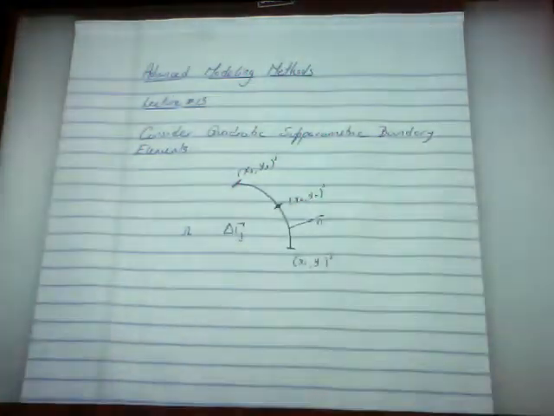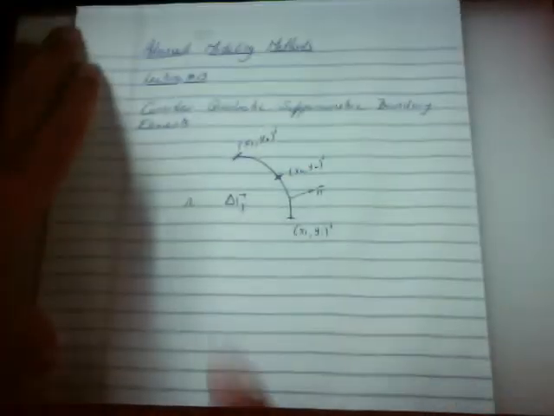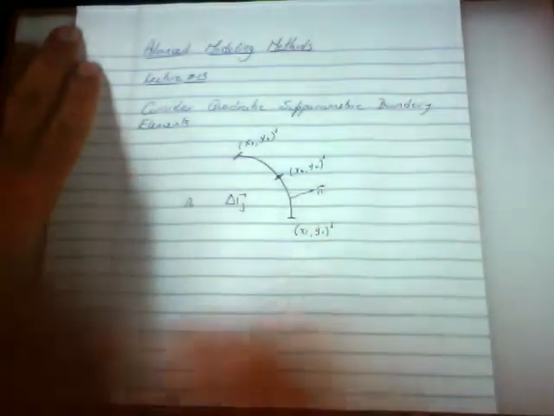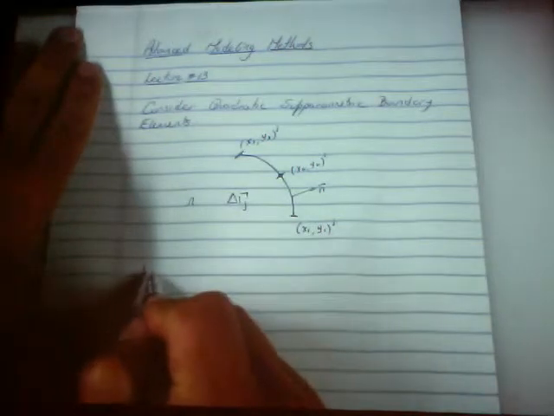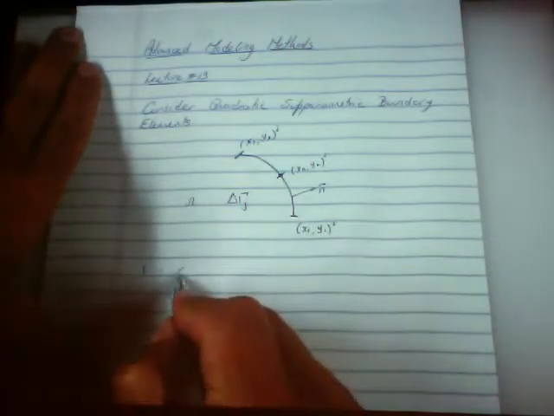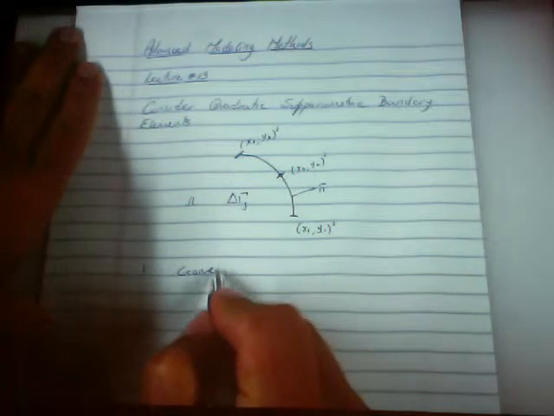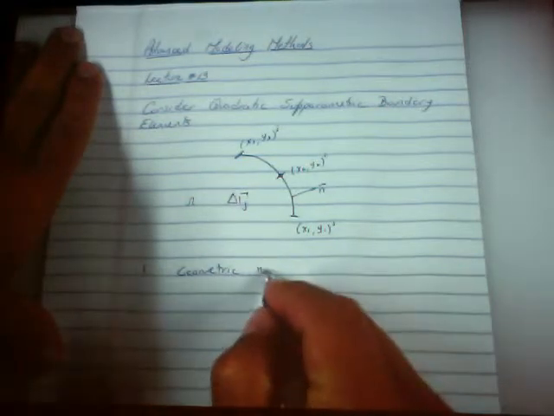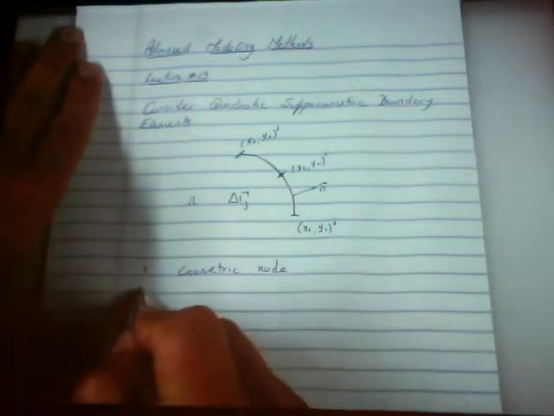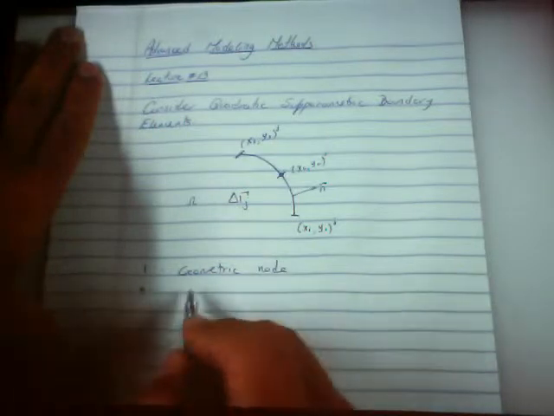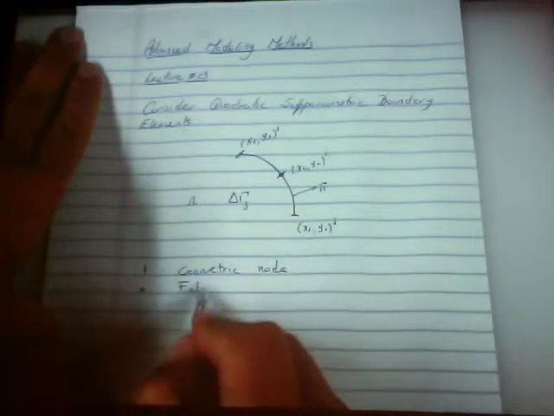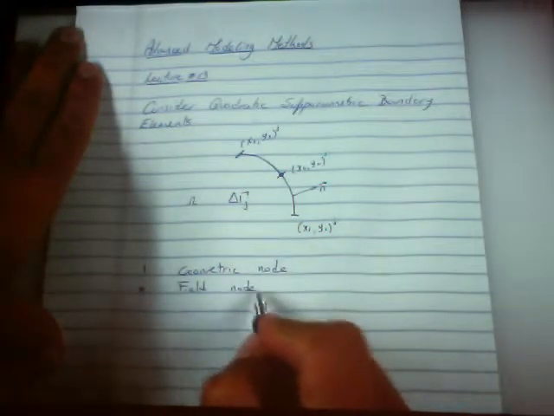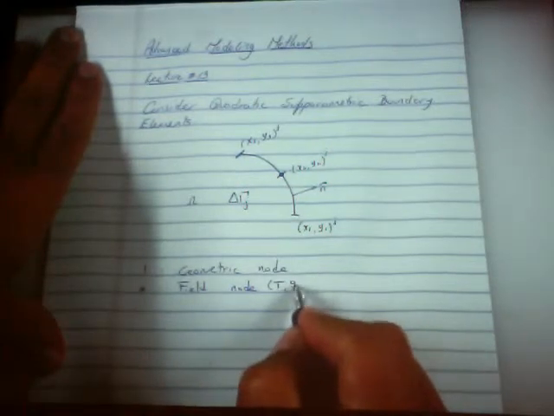And we have a field value node there, right at the center, coinciding with that particular node. So we have this segment is the geometric node, and this is a field node. This is basically for T and Q.